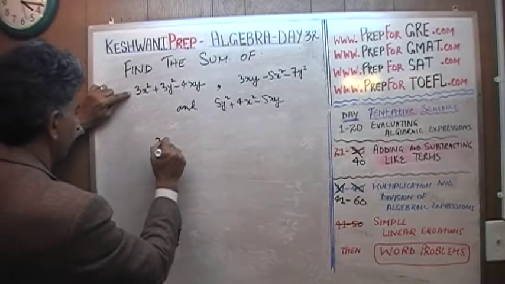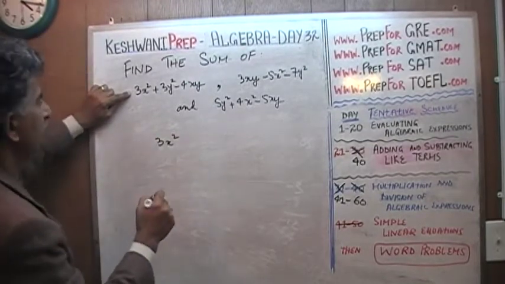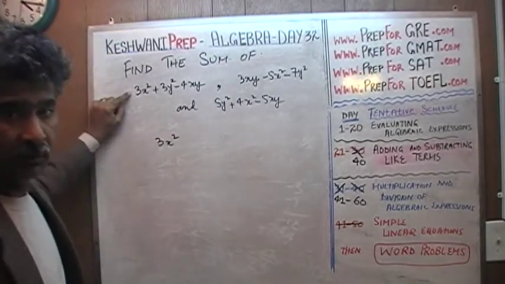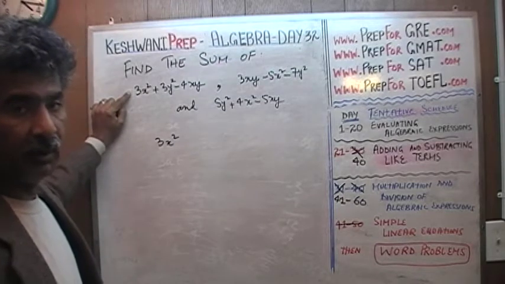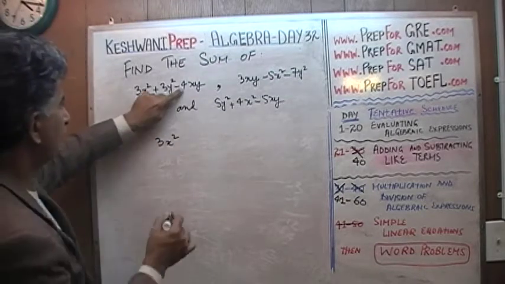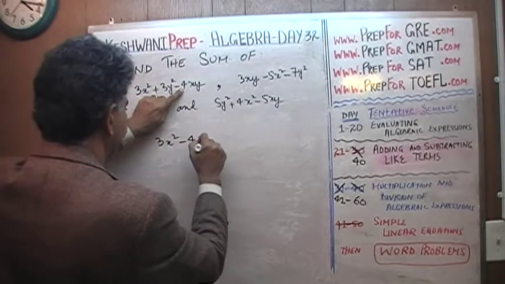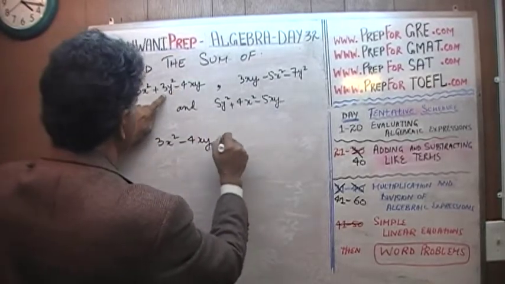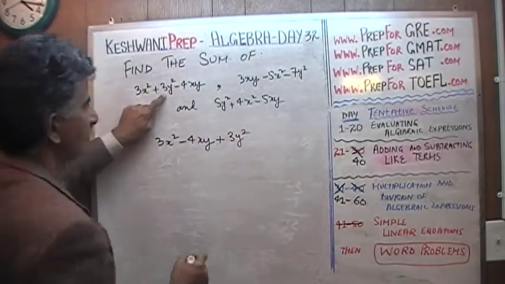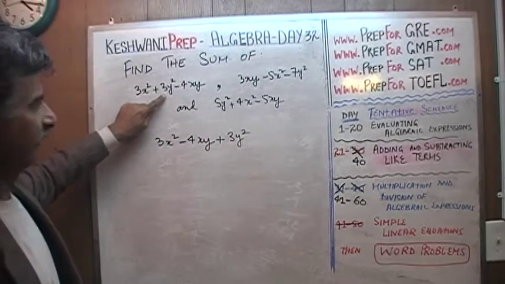3x squared first, then the xy, that's the addition. X squared, then the xy, and then y by itself. So we have negative 4xy plus 3y squared. Now we have to line up the same thing in the second expression.